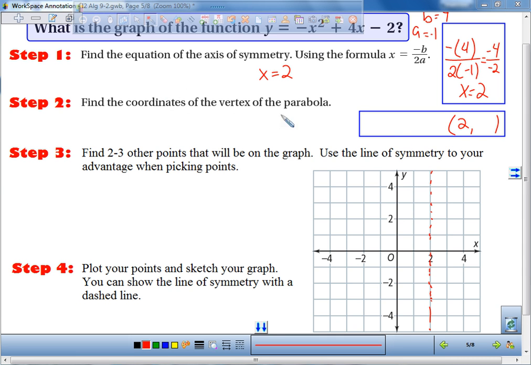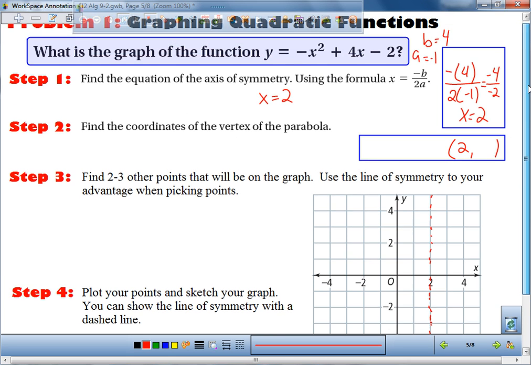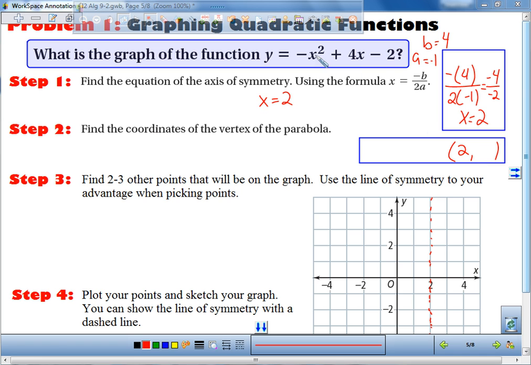Now to find the y-coordinate, all I simply do is put 2 in for x in this equation and solve, because it equals y. So I'm going to have y equals negative 2 squared plus 4 times 2, and then minus 2.